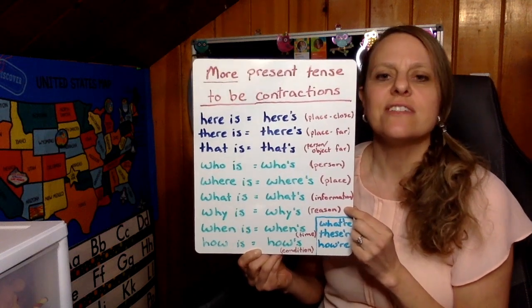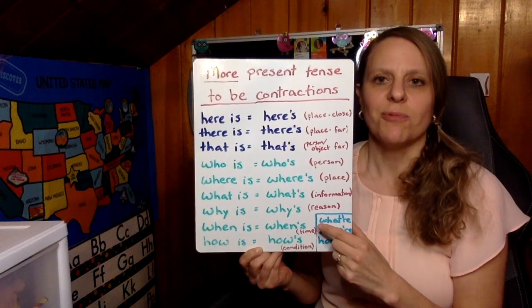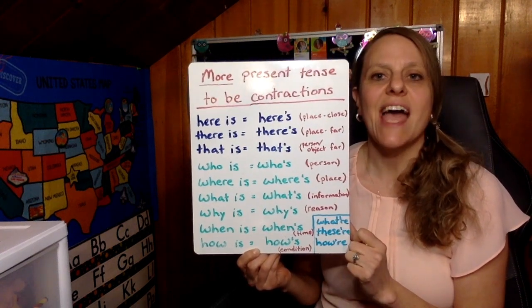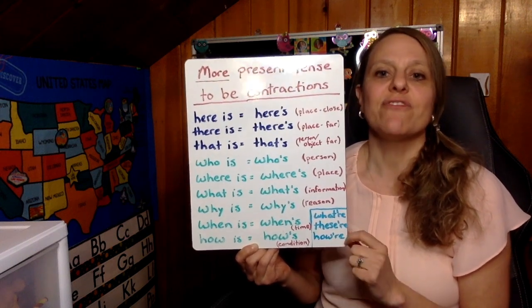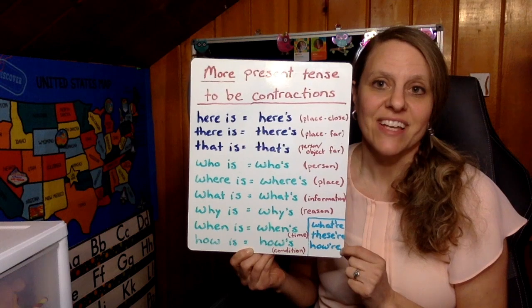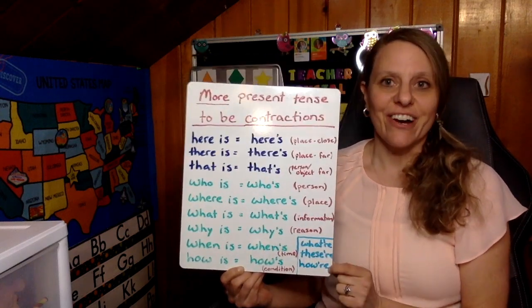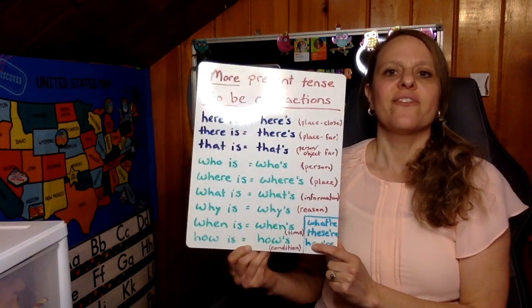It refers to a question that gives a reason. When is, when's. It refers to a time. How is, how's. It refers to a condition. You're probably familiar with how's the weather. That refers to the condition of the weather.